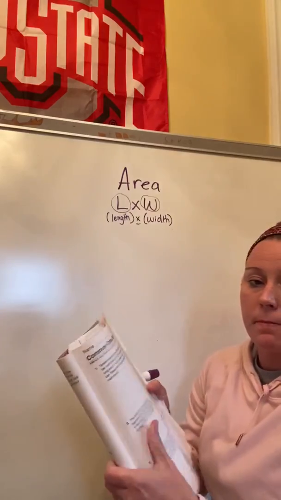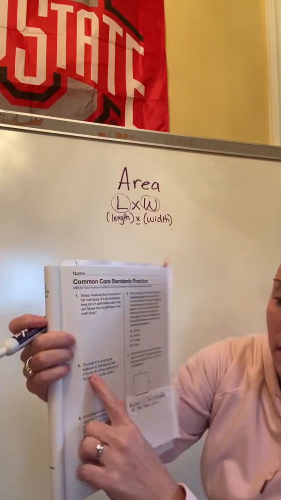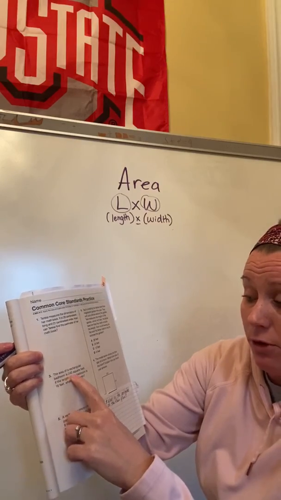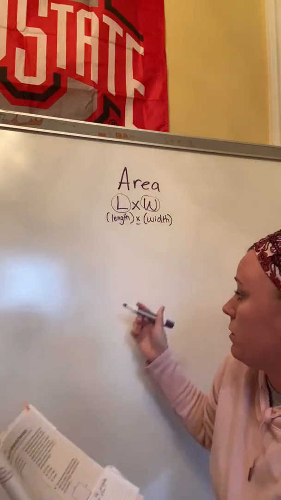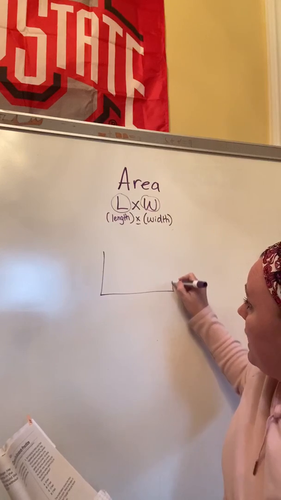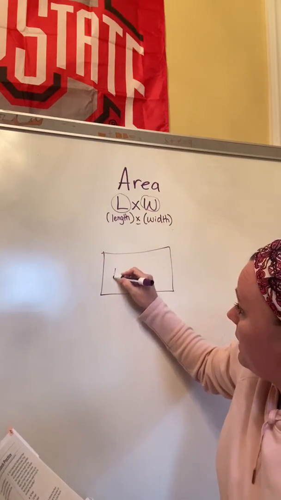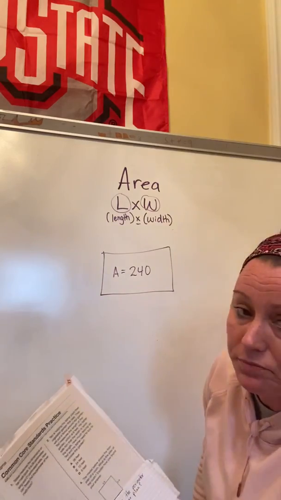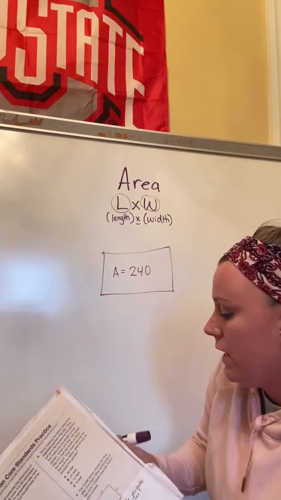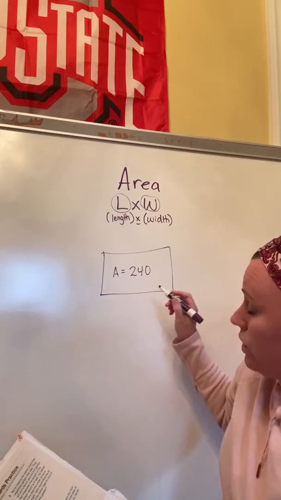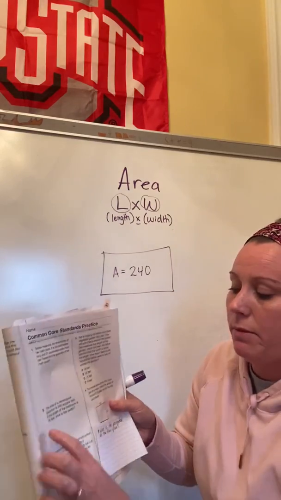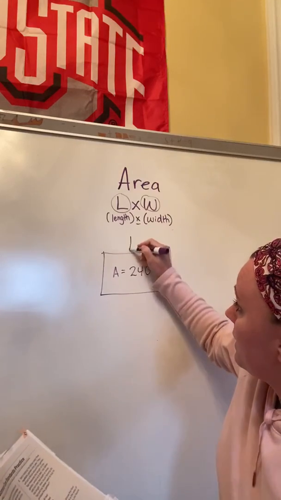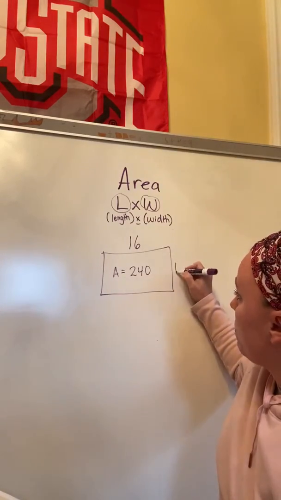All right. The area of the rectangular bedroom is 240 square feet. So we have a rectangular bedroom, and we know that the area on the inside is 240 square feet. It also says, if the length of the bedroom is 16 feet, then what is the width?